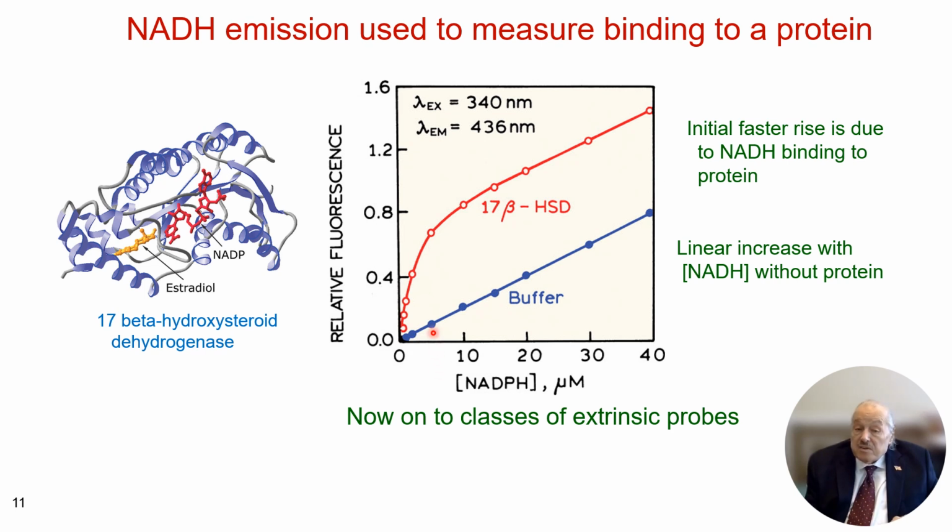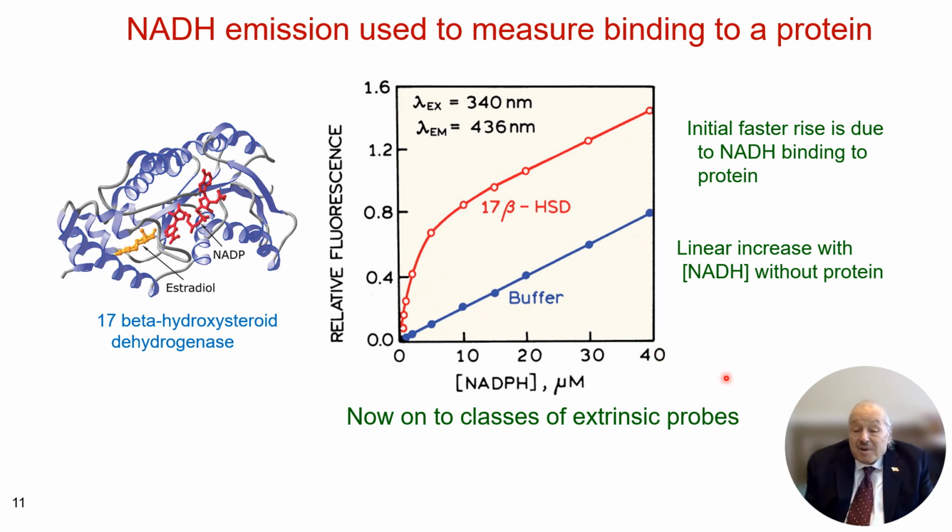At first, there's a much faster rise in the NADH fluorescence, and then it levels off. What is happening here is these are the NADH molecules that are binding to the dehydrogenase. Then the dehydrogenase gets saturated, can't bind any more NADH, and you go back to the linear curve where you're just looking at more free NADH in solution.